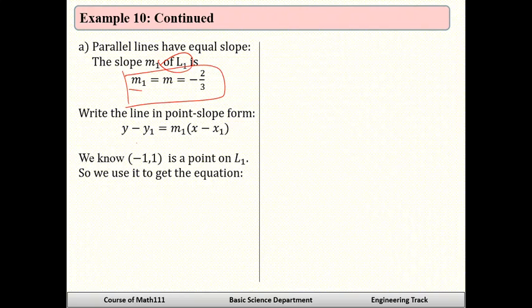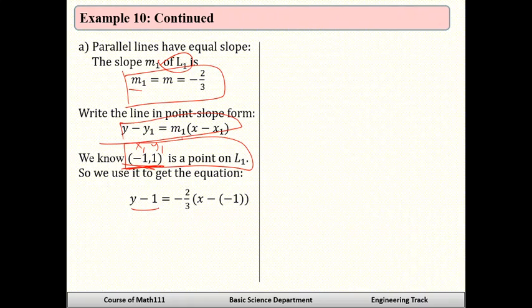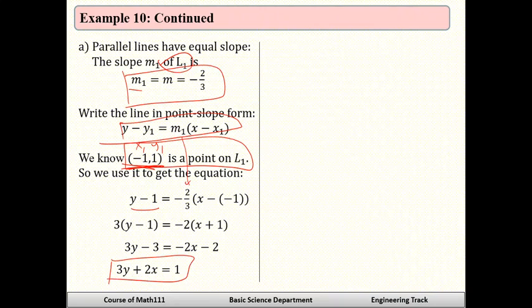We know x1, y1 is this point on L1 because it says so in the question. Then we use y minus y1 equal to M1 times x minus minus 1, and it gives us the equation. So the equation of L1 is y plus 3x equal to 1.